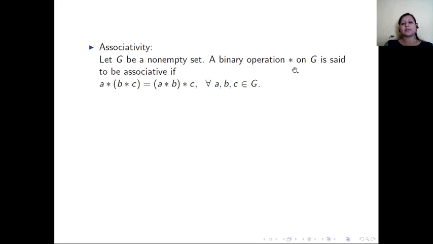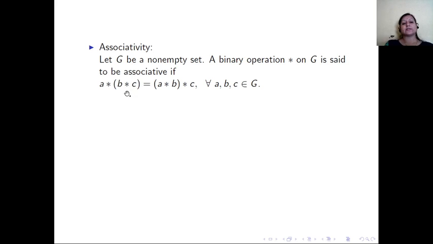A binary operation star on G is said to be associative if A star (B star C) is equal to (A star B) star C for all A, B, C belongs to G. That means whenever you consider the star operation with three elements, it doesn't matter which two elements you evaluate first.